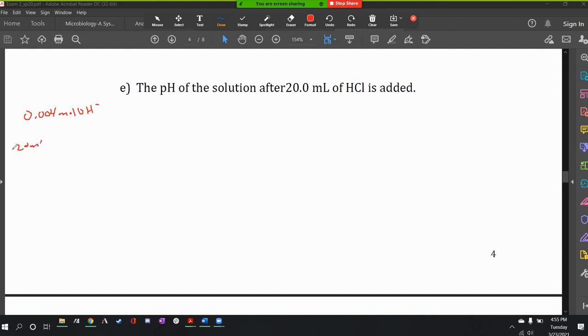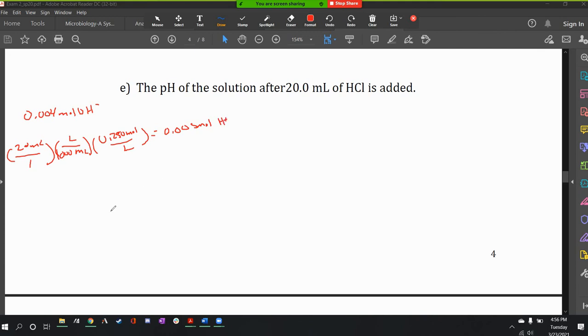So 20 milliliters, 1,000 milliliters in a liter, and then 0.250 moles per liter was the concentration of HCl. So we get 20 times 0.25, divided by 1,000, equals 0.005 moles of acid now we're adding.